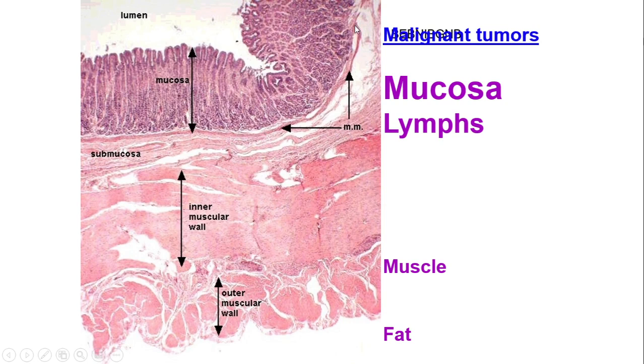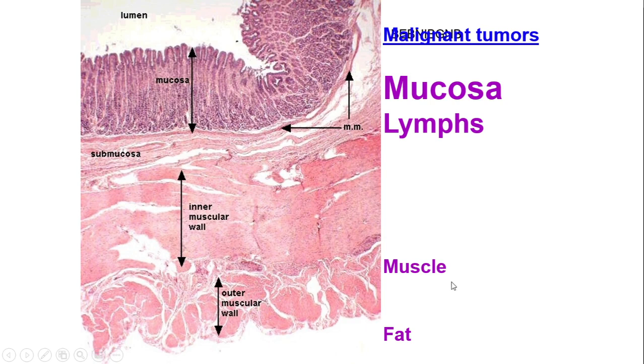Malignant tumor, mucosal malignant tumor, is called carcinoma, originating from the mucosa, from the lining epithelium. From the submucosal lymphocytes or lymphoid tissue aggregate, it is called mucosal associated lymphoid tissue lymphoma, that is MALToma, tumor of the submucosal lymphoid tissue.